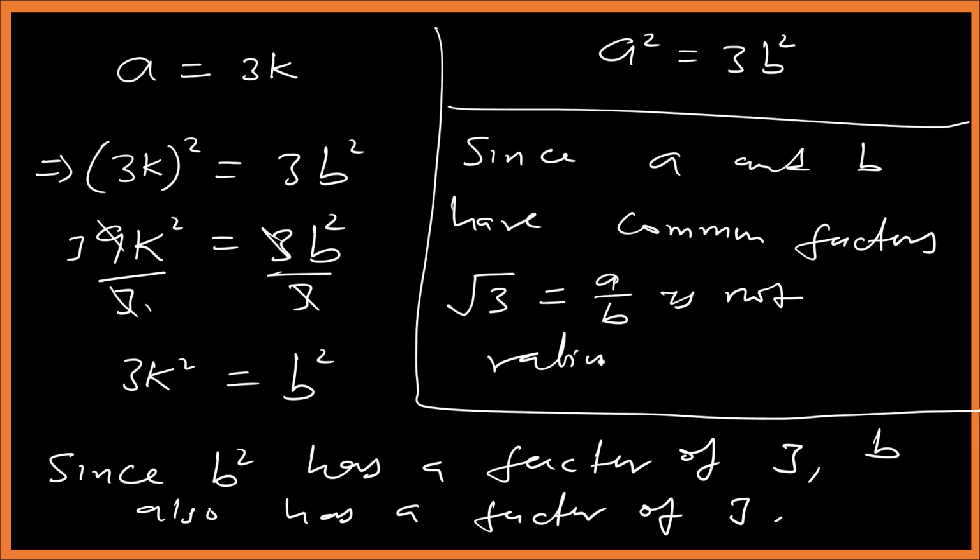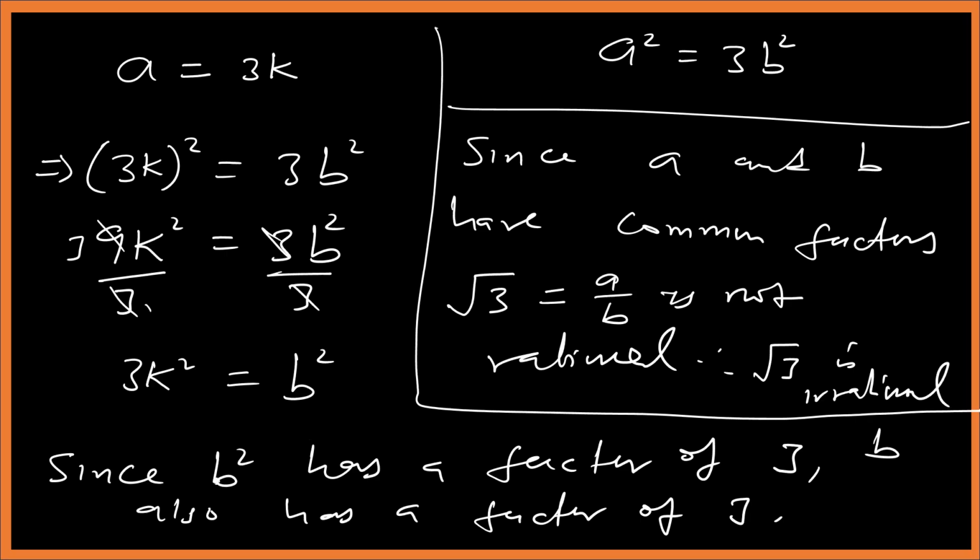Once a and b have common factors, it means they contradict, and therefore not rational, and hence root 3 is irrational.